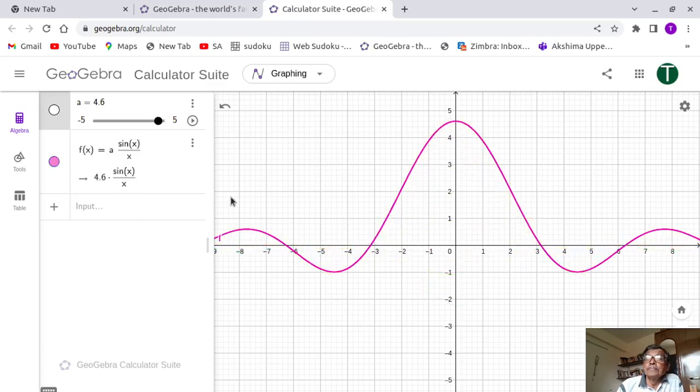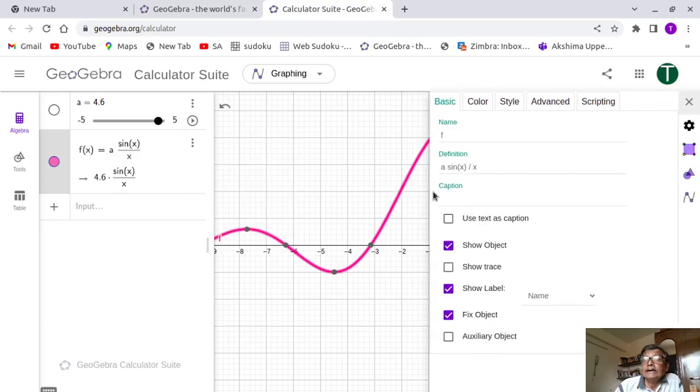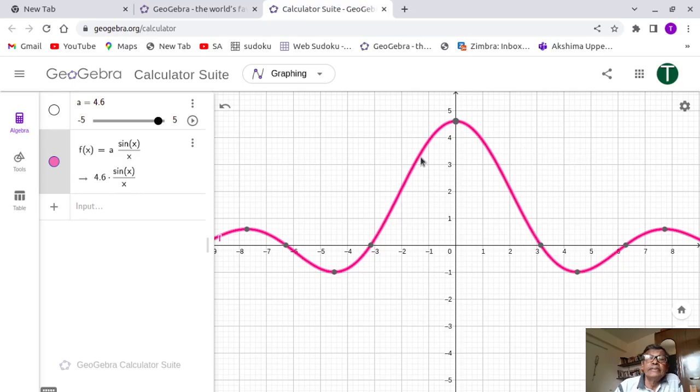And a nice looking pattern can be created by activating the trace mode of this function. So you go there and do trace, and that's all, and then play this.